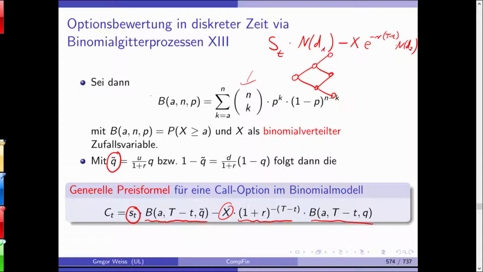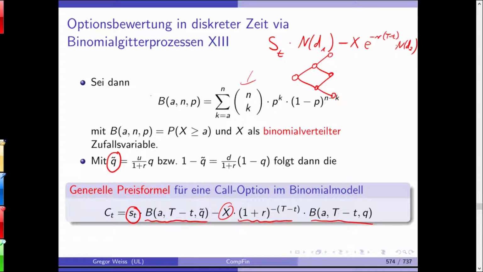Again in German. Das Black-Scholes-Modell ist einfach der Grenzfall des Binomialmodells. Wenn Sie einfach die Zeit immer kleiner werden lassen, haben Sie das Black-Scholes-Modell in stetiger Zeit als Grenzfall, als Spezialfall des Binomialmodells. Das Binomialmodell ist ein Pricing-Modell, ist ein Bewertungsmodell in diskreter Zeit und es ist letztlich das Black-Scholes-Modell, wenn Sie einfach nur die Zeitabstände immer kleiner werden lassen.